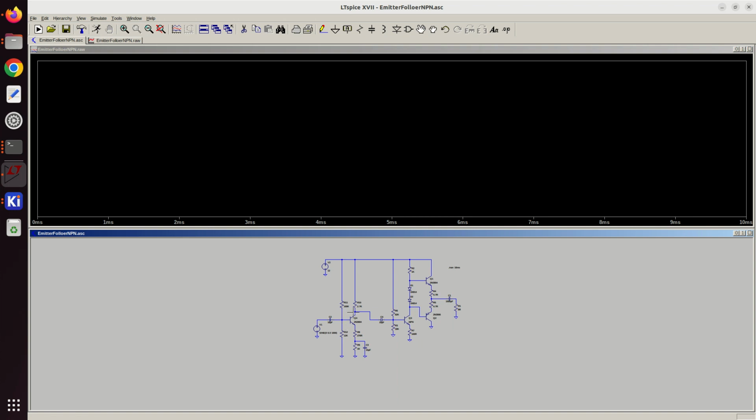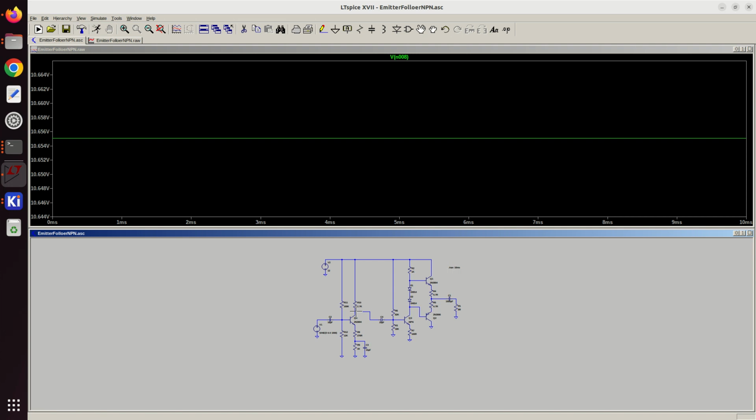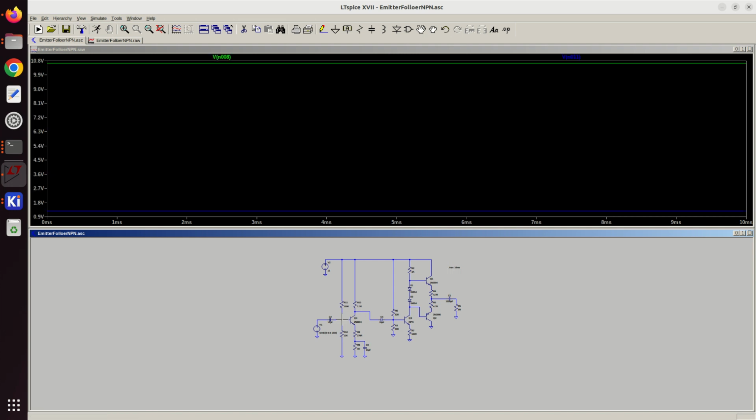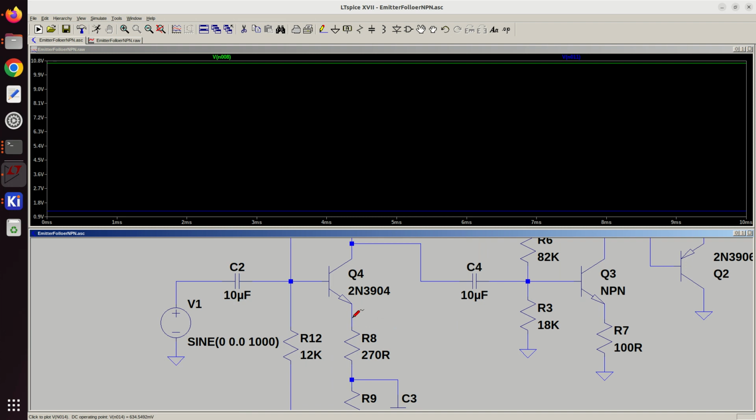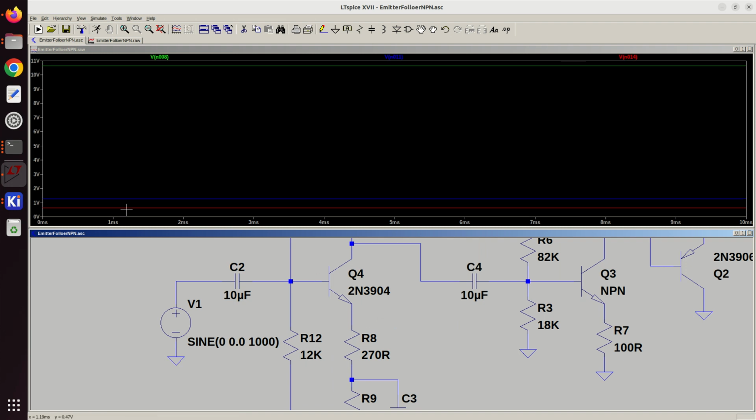So let's look at what voltage we've got here. Okay, that's too high. What have we got here? That is 1.2 volts, and on the emitter, I don't want the current, I just want the voltage. On the emitter we got 0.63. So we're too high here, so we need to draw more current.